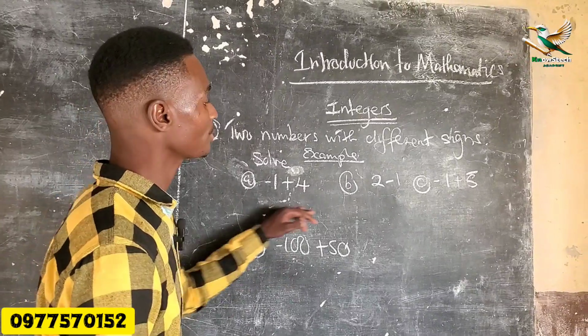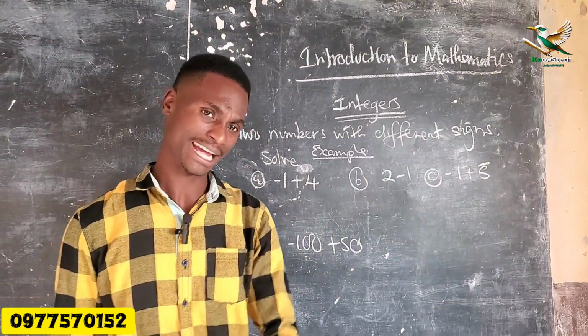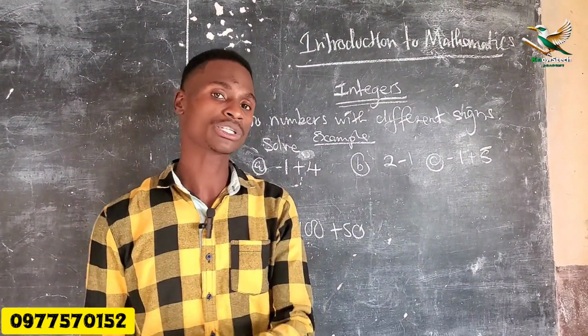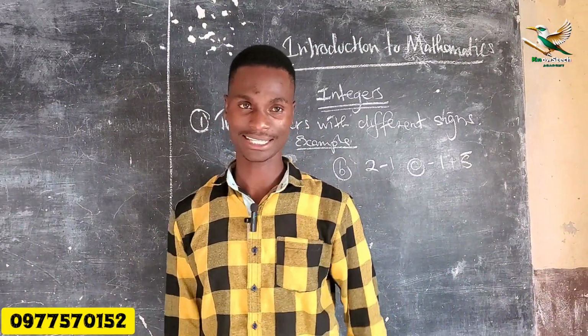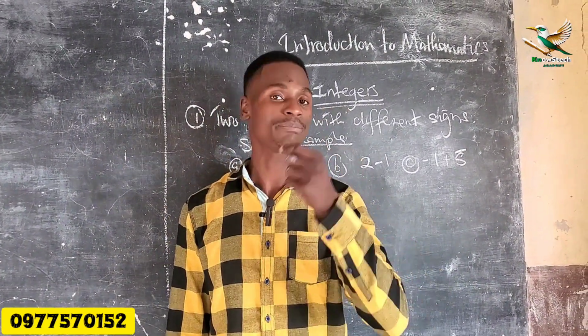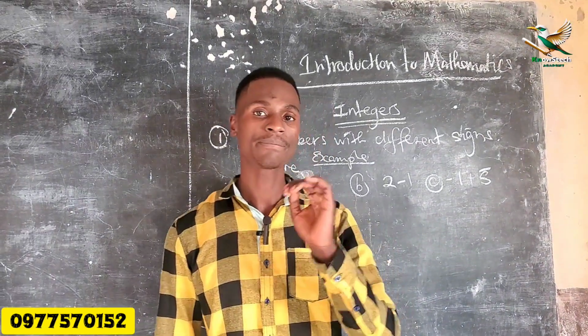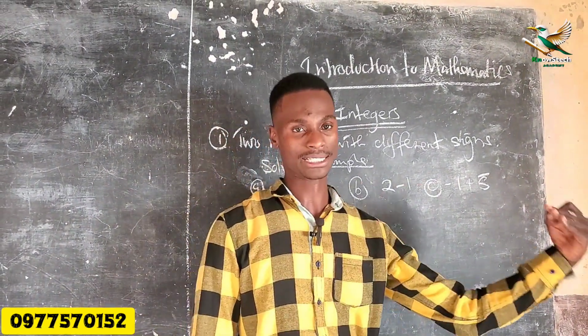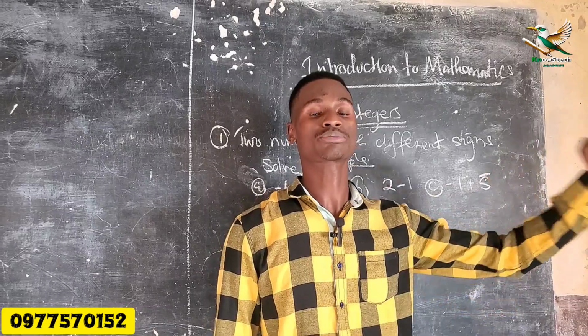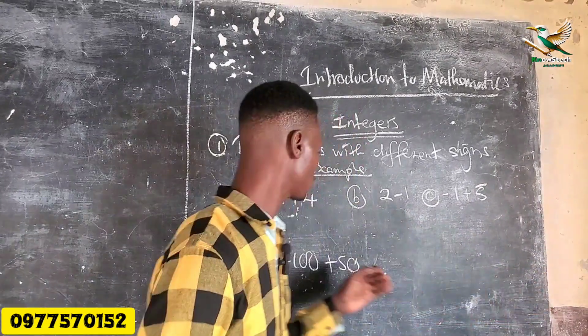Yes, you can use a number line to solve this, but guys, there has to be a shortcut. You have to be lazy. A mathematician is a lazy person. I'm lazy, by the way. A lazy person always looks for shortcuts to solving a problem. You don't have to draw a number line.